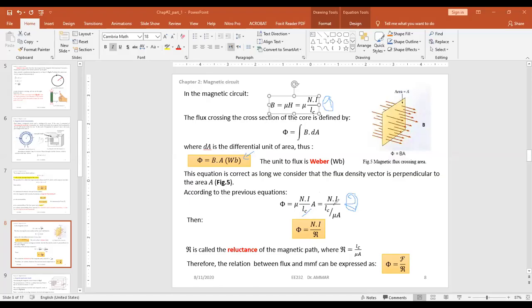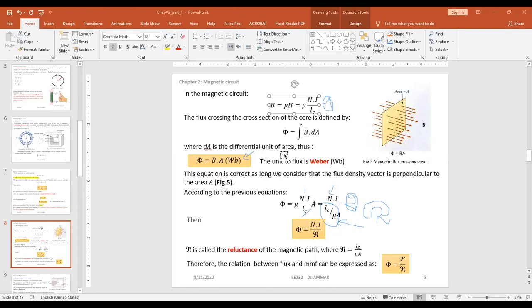This term is called reluctance, just to define this term: Lc over mu A. Because this one is similar to this one, just bring mu A to the bottom. So this term Lc over mu A is defined as reluctance. Reluctance is R, but we draw a circle around it like this, to make a difference between reluctance and resistance.